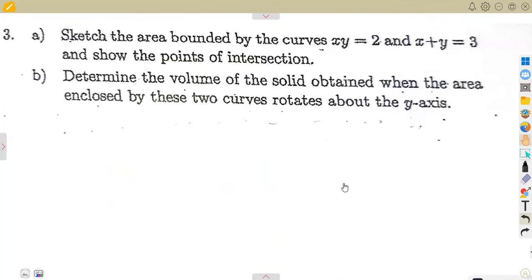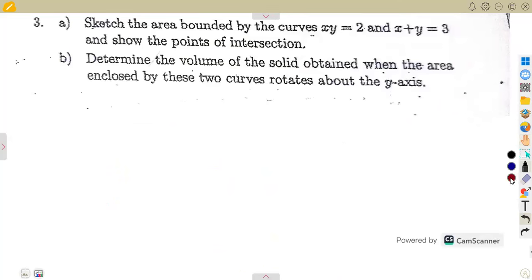Here we are being asked to sketch these two curves that we are given. The first curve, 3a, is xy equal to 2. xy equal to a is a hyperbola from our N3, which can be written as y equal to 2 over x if we divide by x.